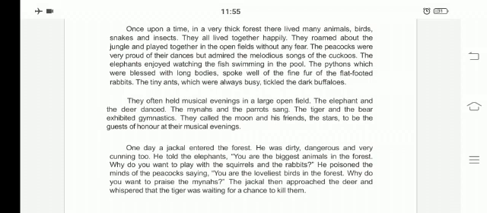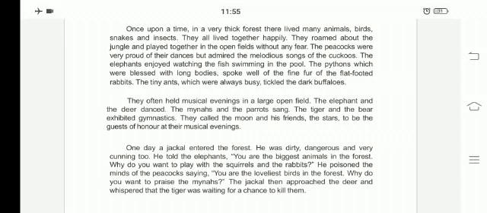So, in the forest, they used to have musical evenings in large open fields. In that, the elephant and the deer used to dance, whereas the mynas and the parrots used to sing, whereas the tiger and the bear exhibited gymnastics.